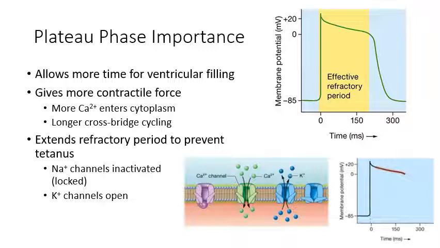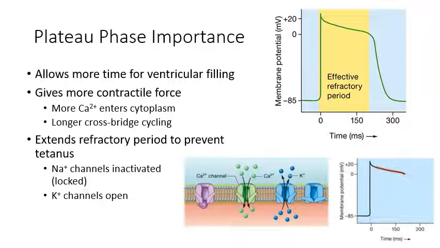And finally, it extends the refractory period. The refractory period is the time during which you cannot fire another action potential, as you may remember from ANP1. The refractory period is partly based on the locked, or inactivated, sodium channels, and partly based on potassium channels. In order to fire another action potential, you would need the sodium channels to open, so you could have another rapid depolarization phase.